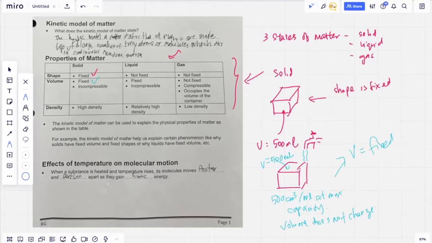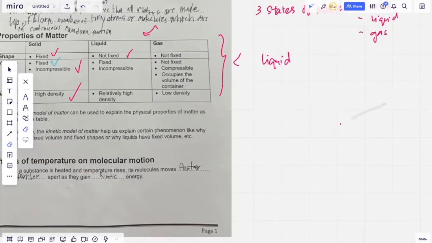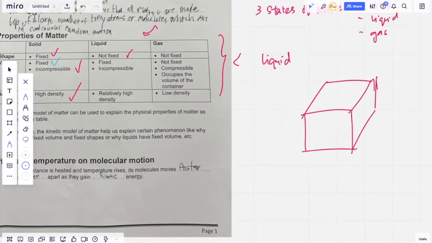Okay, then solids being incompressible is like this. Let's say this is 500 cm cube here. Incompressible for solid means I take this and exert force in whichever direction.